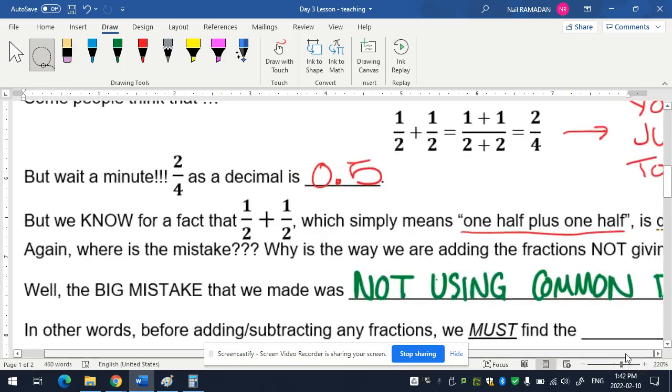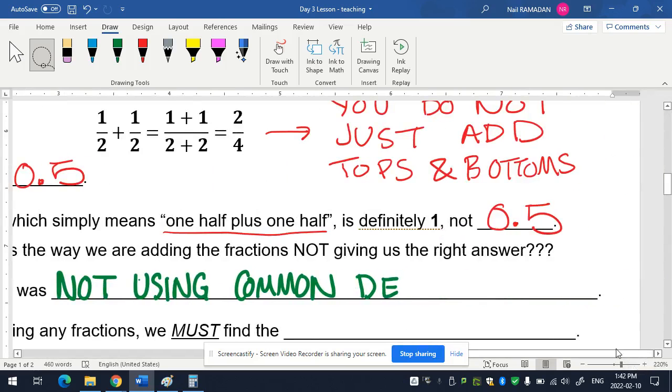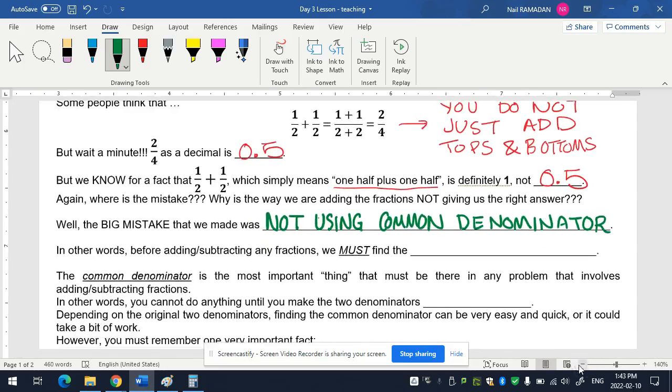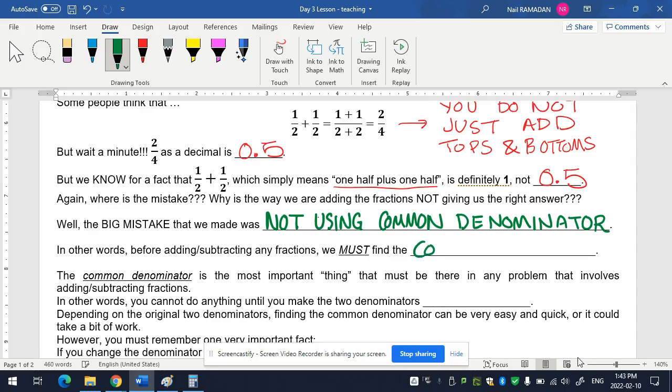Not using common denominator. So what we did wrong is that we did not find and use the common denominator. So today I will teach you how to find it. You must find the common denominator.